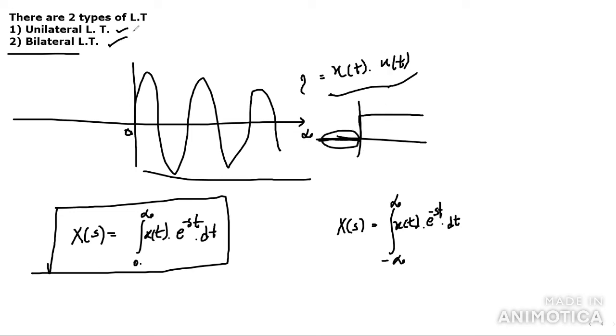So we can call this a one-sided Laplace transform also. One-sided Laplace transform. The bilateral Laplace transform we can call the two-sided Laplace transform. Two-sided Laplace transform. Okay.